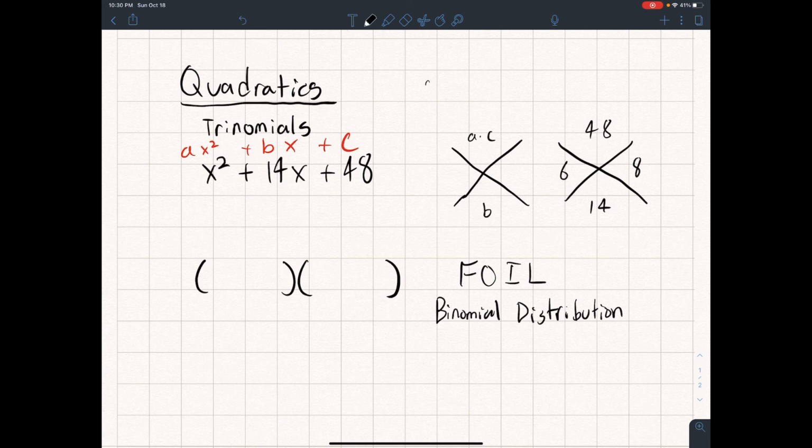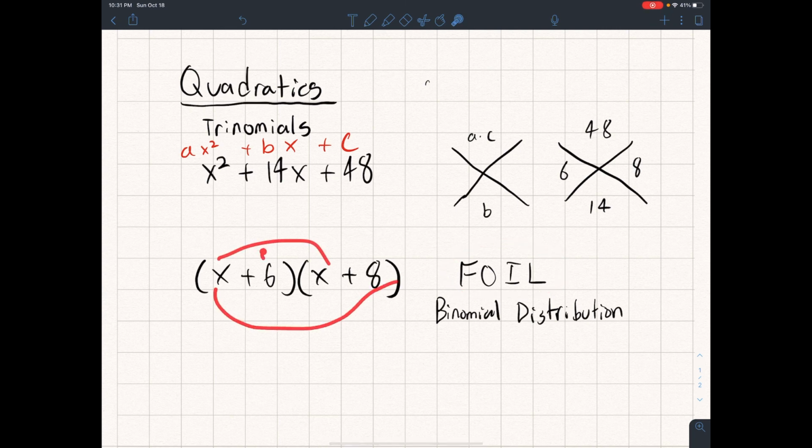If you remember, all we have to do now is fit these into our binomials, so my answer in factored form is x plus 6, because this is positive 6, and x plus 8, positive 8. If you check your work by foiling, first, outer, inner, last, this binomial distribution, you should most definitely get back x squared plus 14x plus 48.